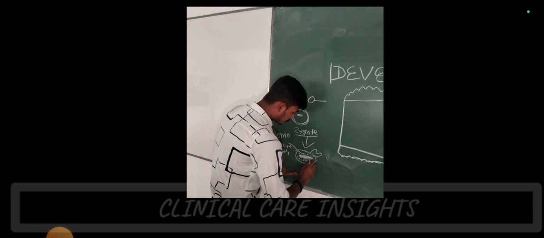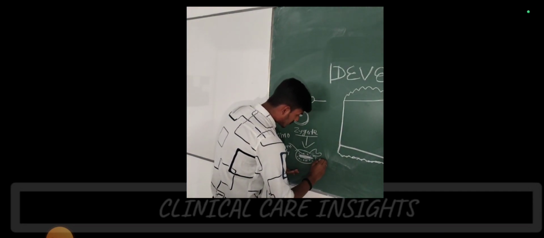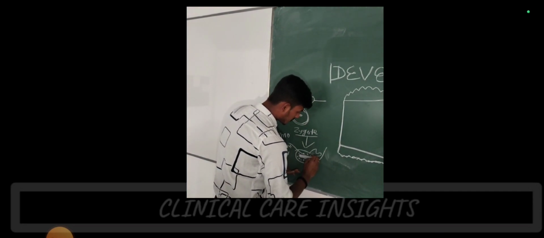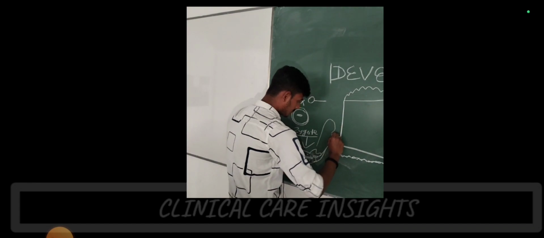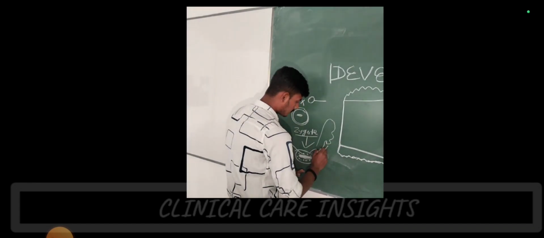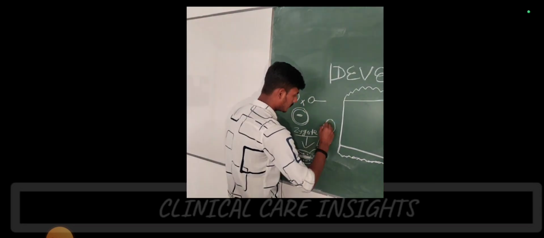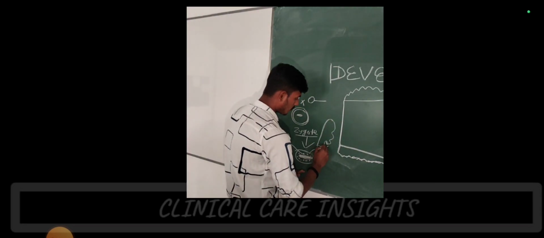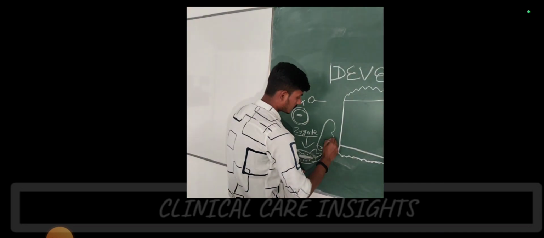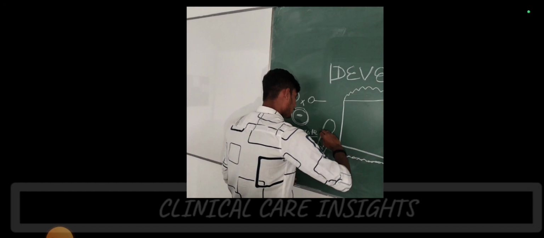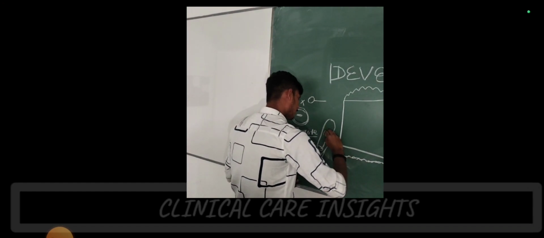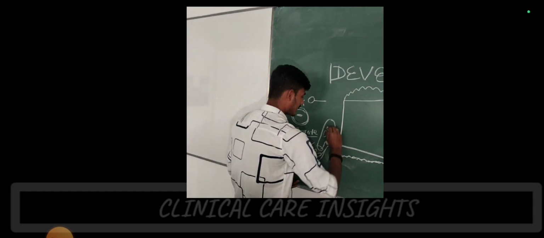In the process of development of the embryo, there is organogenesis, meaning the formation of organs. Suppose this is a premature form of fetus, with a developing liver along with the spleen.